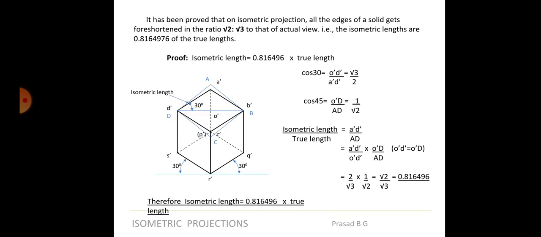So A dash D dash divided by AD is equal to the reciprocal of that, root 2 by root 3 into O dash D divided by AD, which will be equal to 1 by root 2. So I can write 2 here in the numerator.